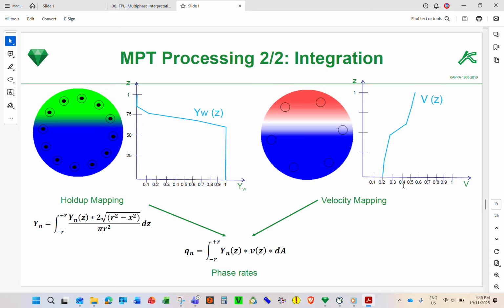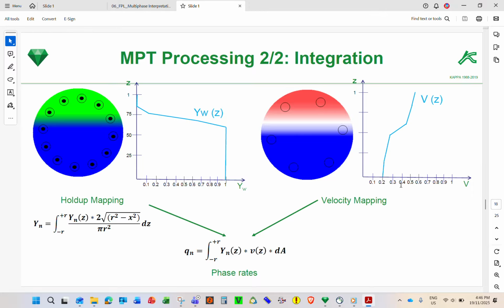So you know the total area of water or velocity is a keyword. No need for correlation. So it's something like this, it's the integral of holdup and velocity per segment, area of the segment. So it's done.